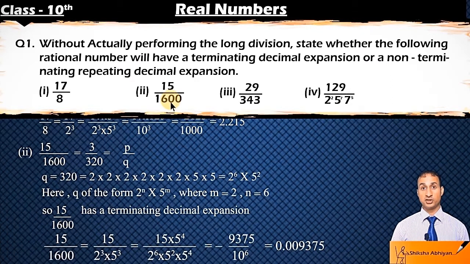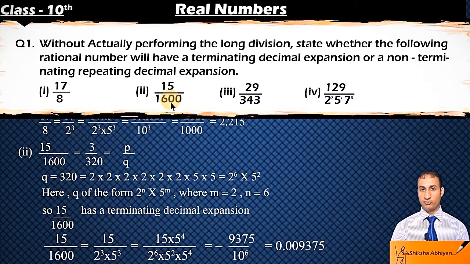Now 15 upon 1600 can be written as 15 upon 2 to the power 6 into 5 to the power 2. Now here the power of 2 is 6 and the power of 5 is 2. You require 5 to the power 4 more here so that you can make a power of 10 below. So I will multiply the numerator and denominator by 5 to the power 4. So the numerator will become 15 into 5 to the power 4 and the denominator 2 to the power 6 into 5 to the power 2 plus 4, which is 6.